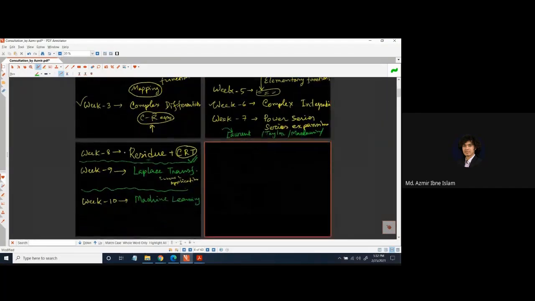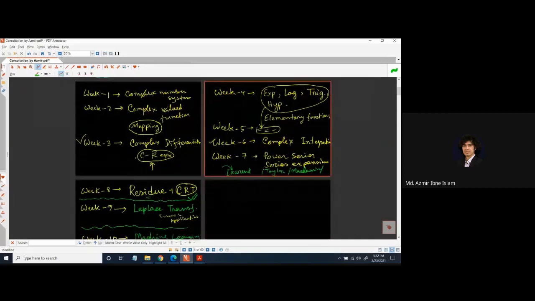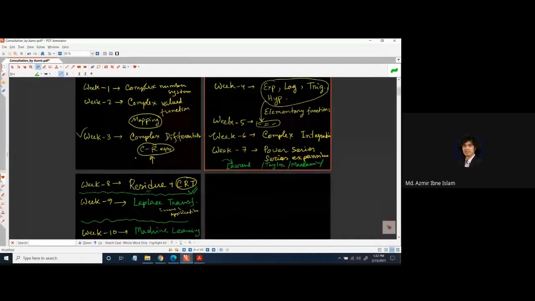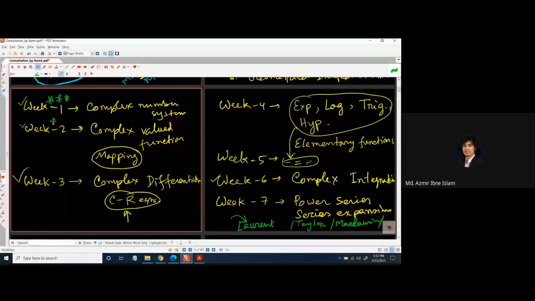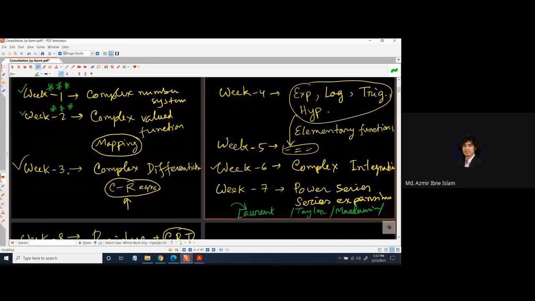These are the tentative schedules. Okay, so I hope you have understood what I have mentioned here. So at this moment, I request you, please try to go through week 1 and week 2 at first. Otherwise, without having the basic concepts, you will have some difficulty in upcoming weeks. So week 1 and week 2 are important.